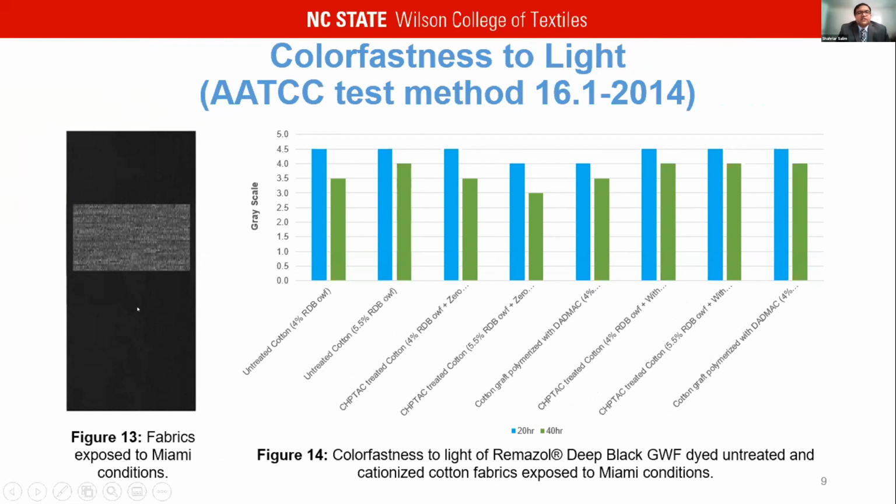So the fabric was exposed to light, heat, moisture, and radiation conditions similar to Miami. It was observed that the cotton graft polymerized with DADMAC, the dyed fabrics, have similar color fastness to light when compared to untreated cotton and Chaptec treated cotton when exposed to Miami conditions for 20 and 40 hours.